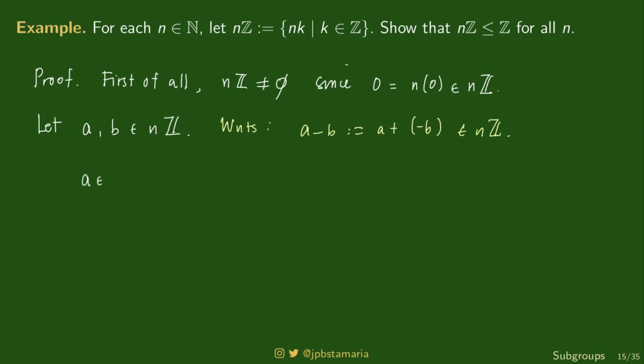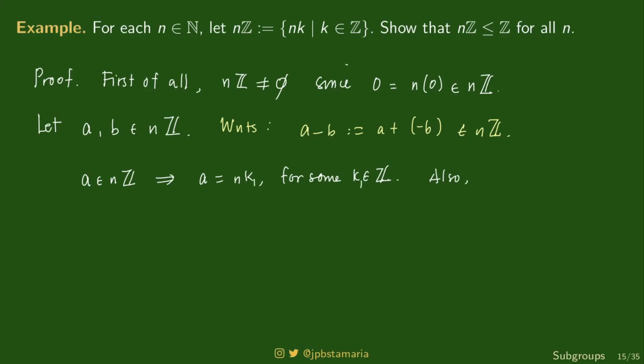Si A, bilang siya ay nasa NZ, it means to say that A is in the form of NK1 for some K1. Agree?